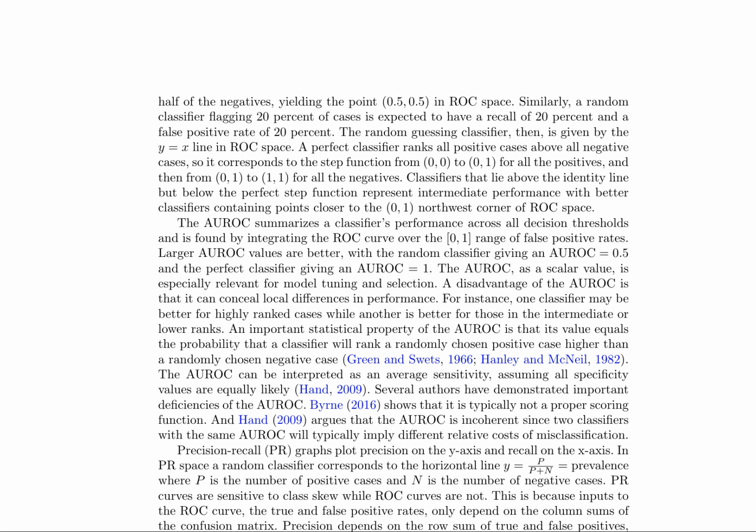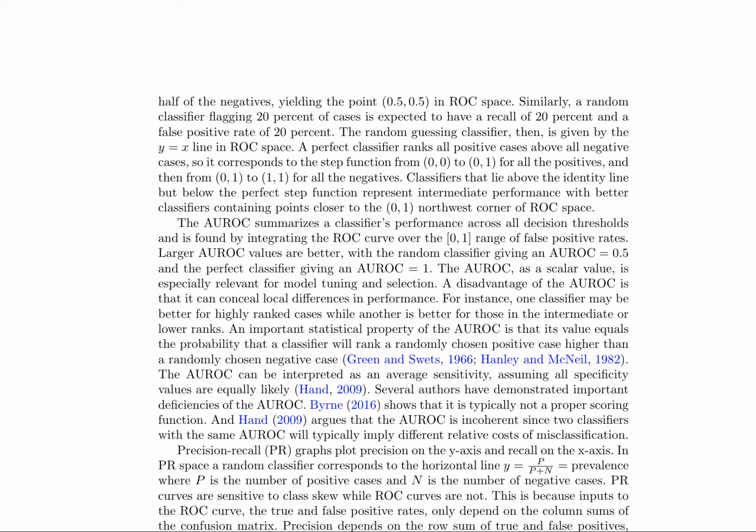In the receiver operating characteristic (ROC) space, classifier performance is evaluated based on its ability to distinguish between positive and negative cases. A random classifier, which flags half of the negatives, yields a point of 0.5, 0.5, while a perfect classifier corresponds to a step function from 0,0 to 0,1, and then from 0,1 to 1,1.